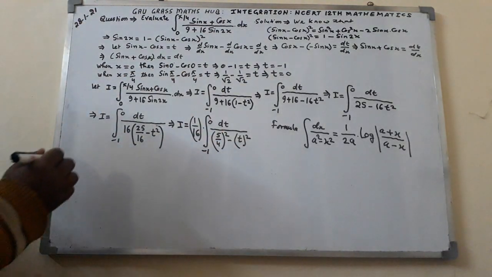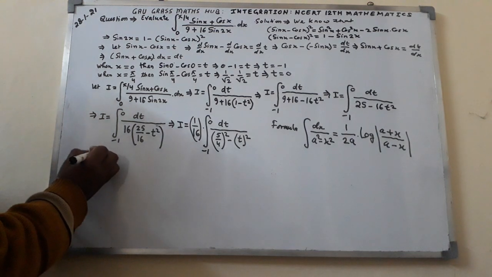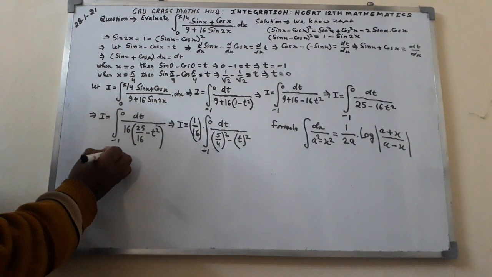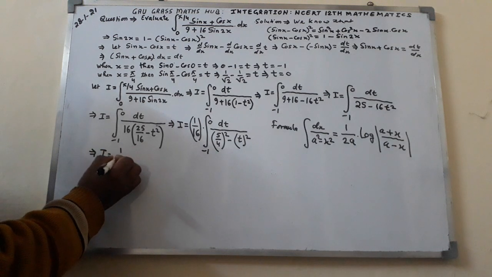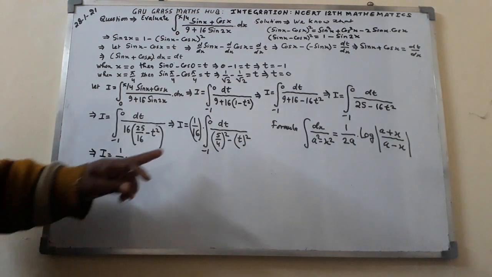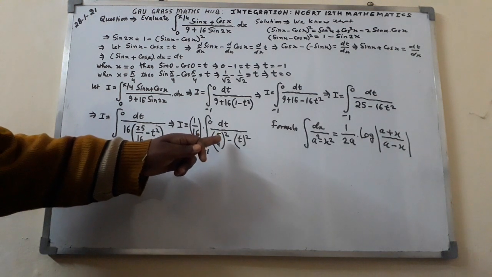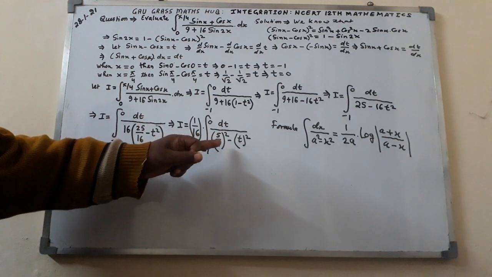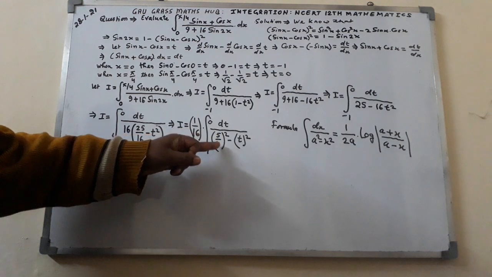So what we'll do here, again I shall write I equal to 1 over 16 dot, here in place of a it is 5 over 4.